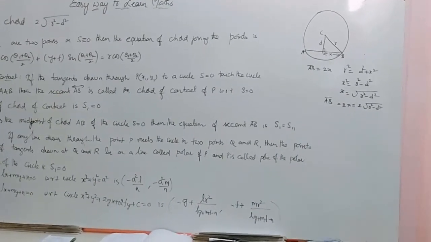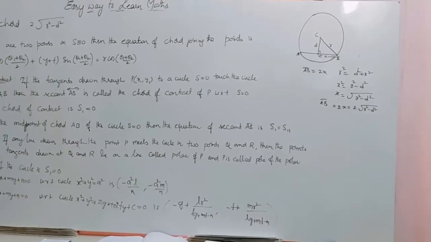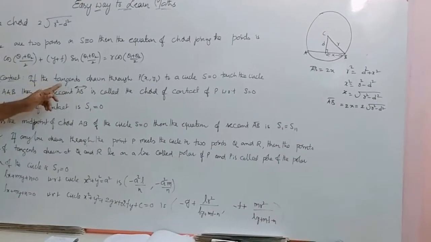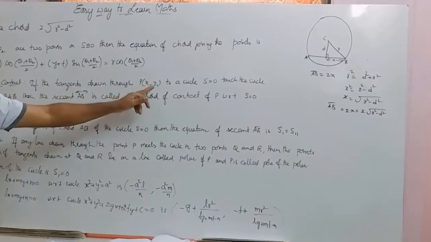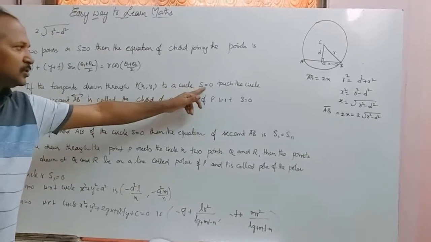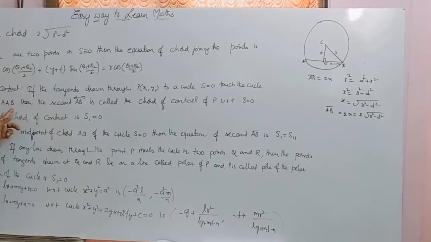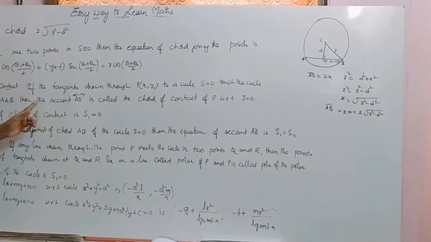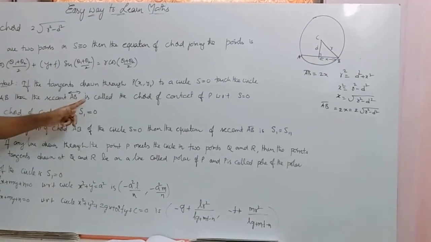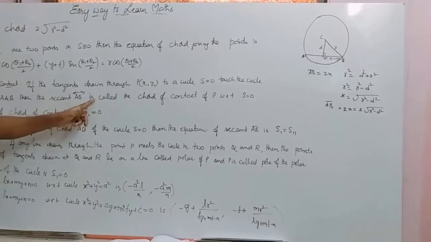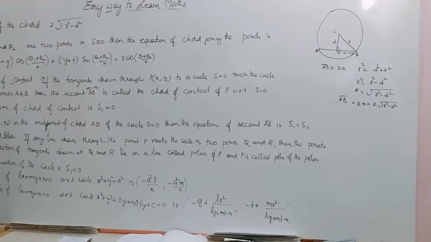Now chord of contact. Here, if the tangents drawn through P(x1, y1) to a circle S equal to 0 touch the circle at points A and B, then the secant AB bar is called the chord of contact.